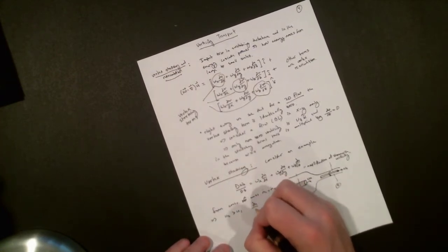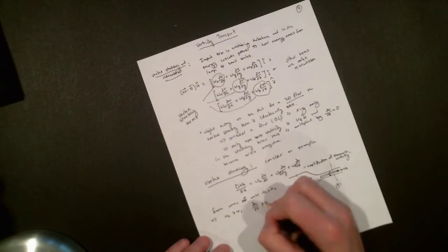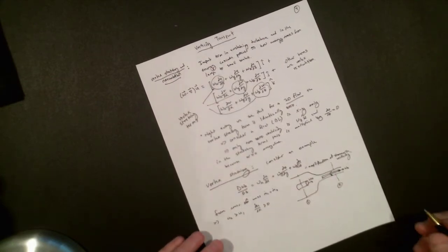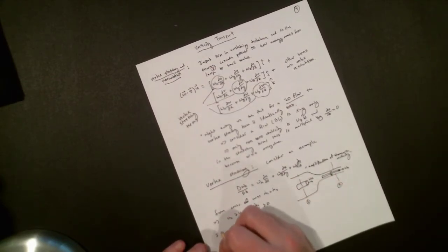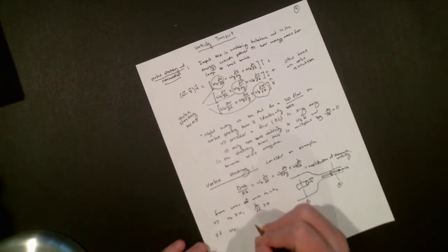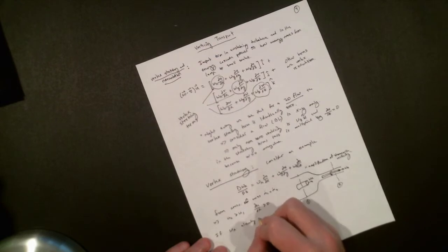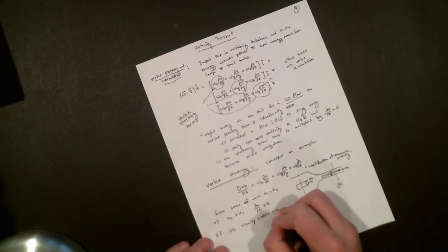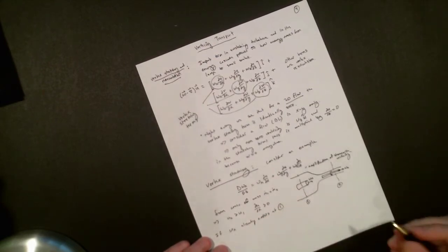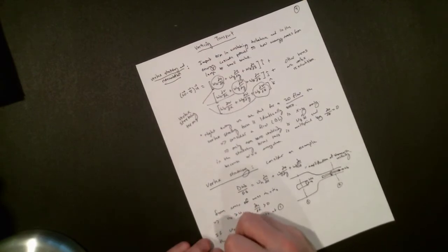And du dx is greater than 0. So if we assume that we already have an omega x, vorticity in the x direction already exists at 1, then the du dx velocity gradient serves to increase the magnitude at location 2.